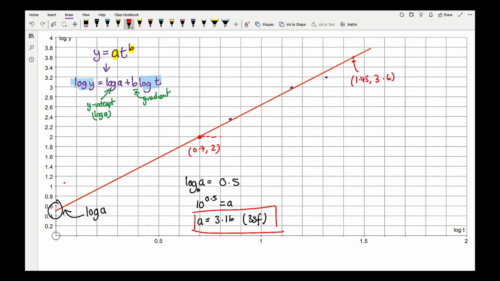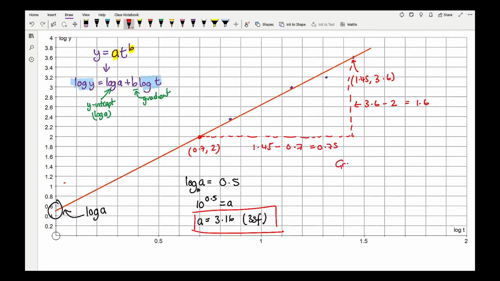What I'm then going to do is draw my triangle of those points and work out the gradient. This distance here is my difference in y ordinates, so that's 3.6 minus 2, which is 1.6. And the difference in the x ordinates is 1.45 minus 0.7, which gives me 0.75.